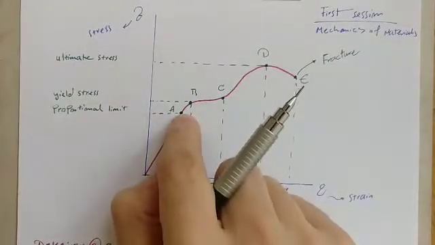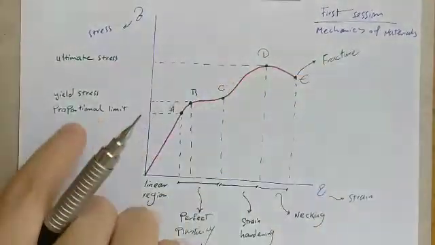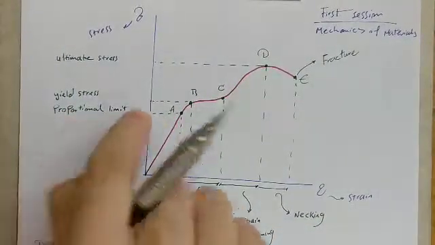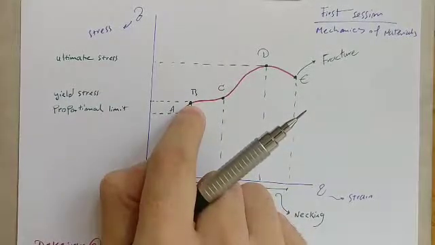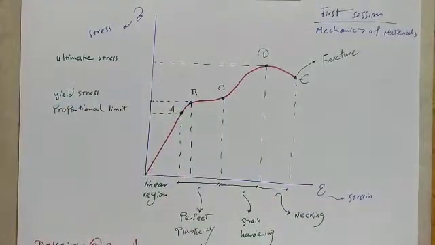After point A, we have the proportional limit, and it continues to point B. We call it the yield stress, and this part is plastic, which we call perfect plasticity or the yielding part. The yield point is the point at which the material begins to exhibit plastic properties.